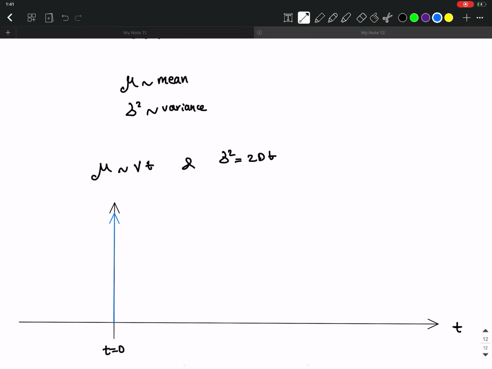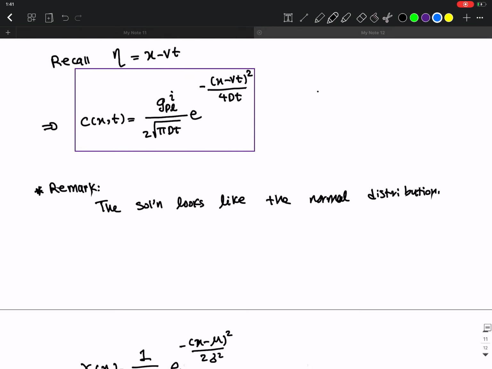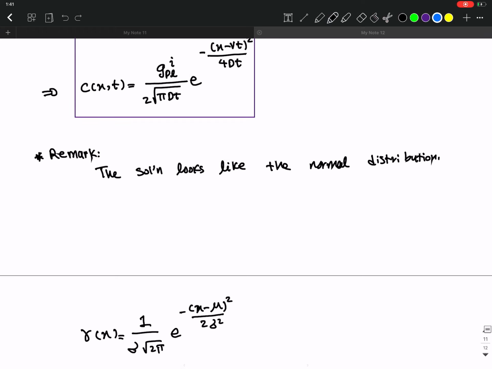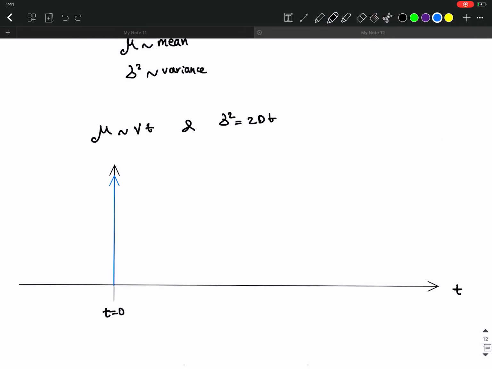So as we go on and on, this is going to look like this function, right? So it's like a normal distribution. So let's look at time equals t0. So t1, for example. So first it's going to be something like this.